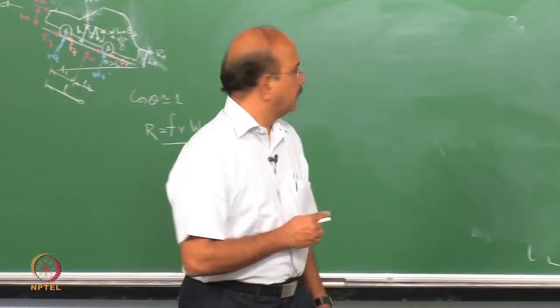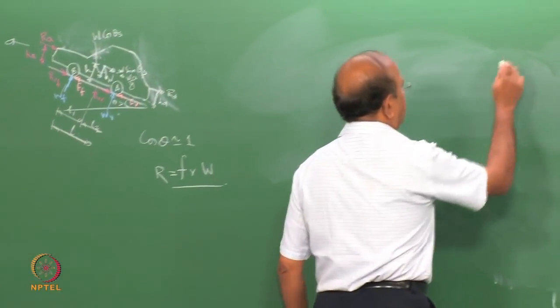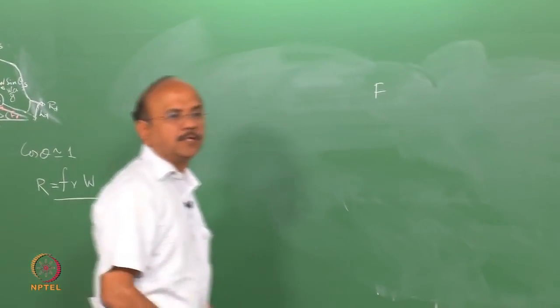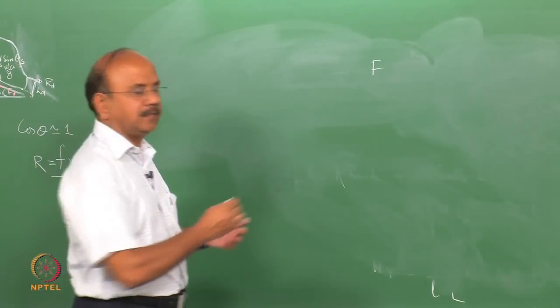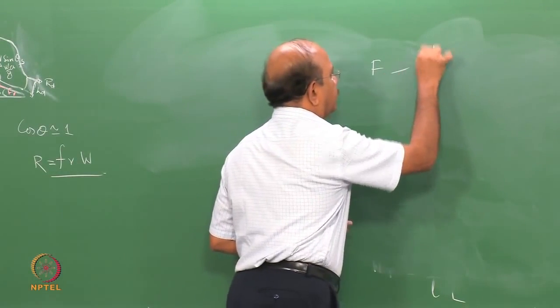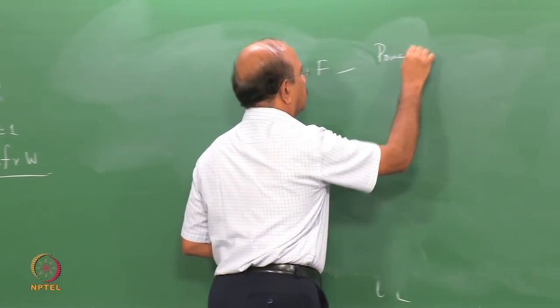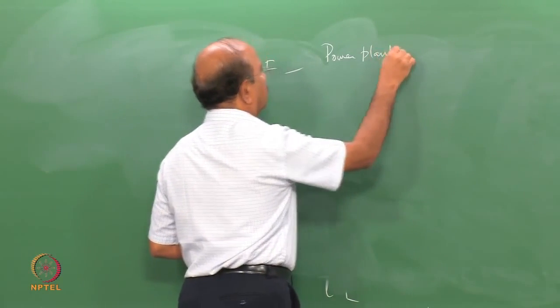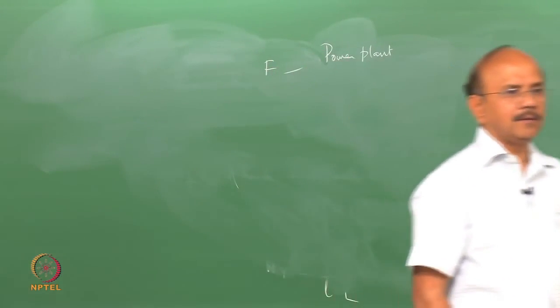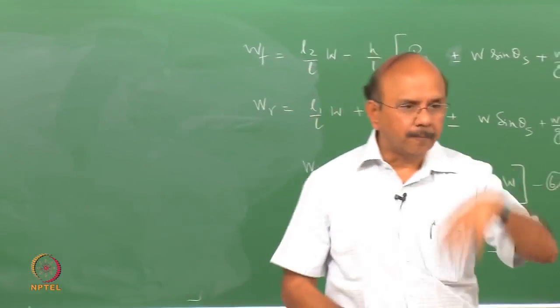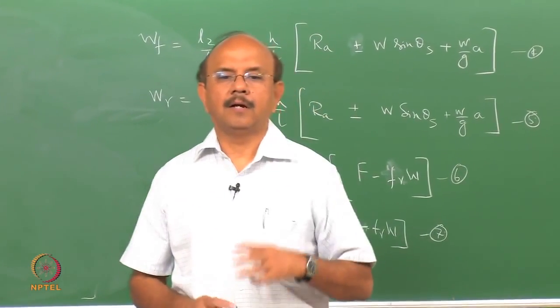Of course, the tractive force, as it is called, is controlled by 2 things. One is the ability of your power plant or the engine to generate the kind of torque which is available at the wheel.